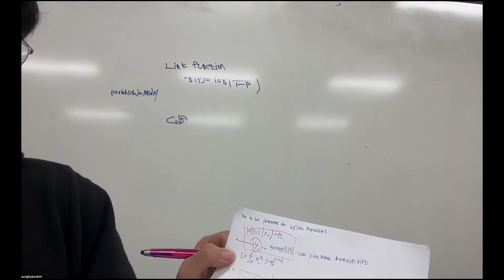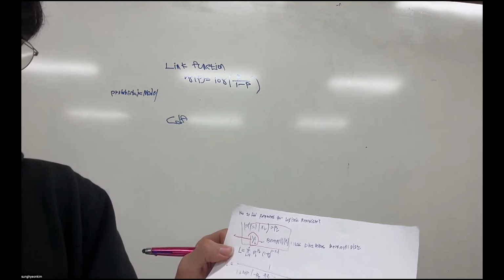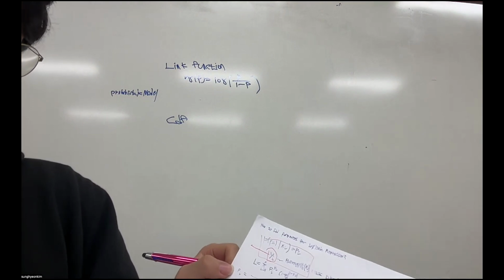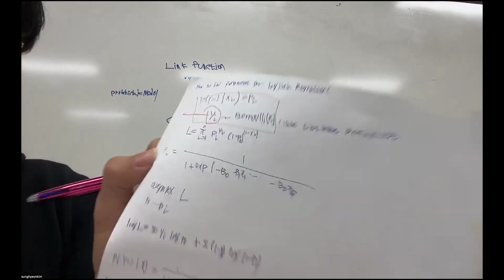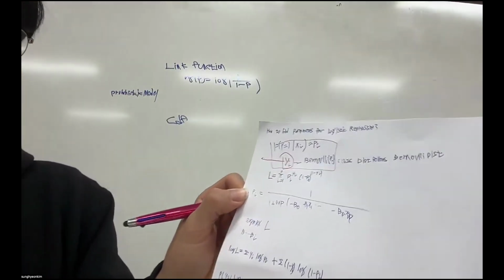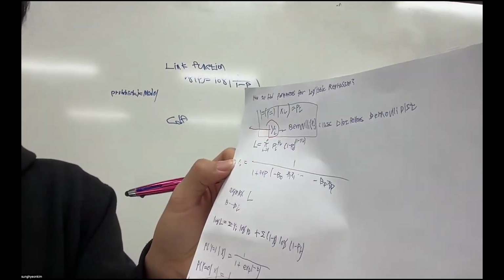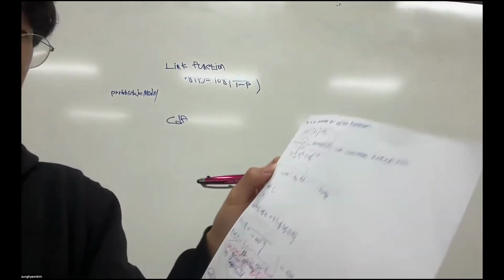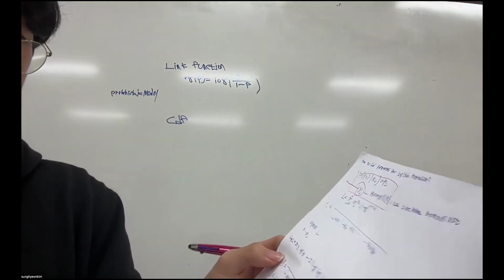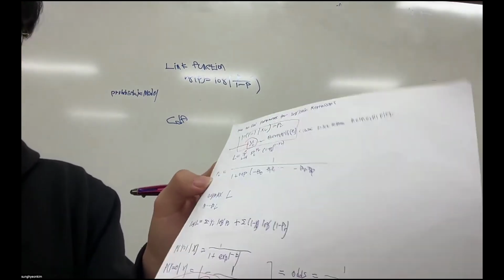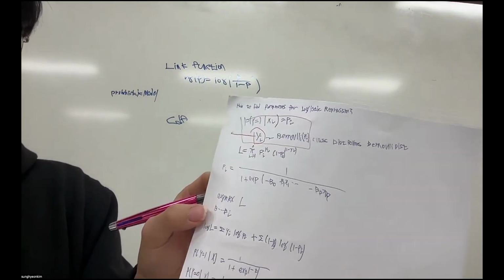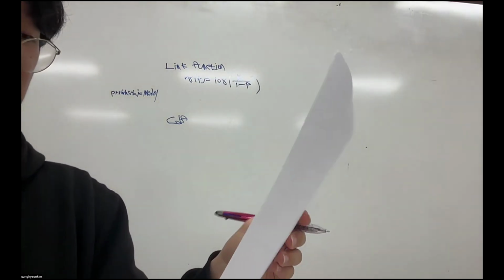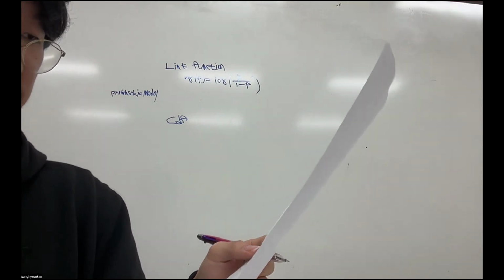The likelihood L is the product of p_i to the power y_i times 1 minus p_i to the power 1 minus y_i, and each p_i will follow this formula, which is 1 over 1 plus exponential of minus beta 0 minus beta 1 x1 and so on. And basically what we should do is maximize L with respect to the parameters beta. And we can take a logarithm and find it.